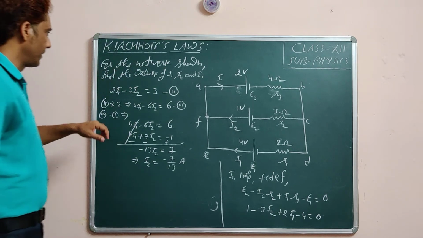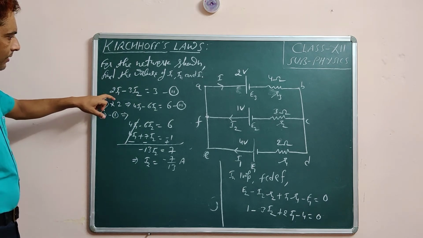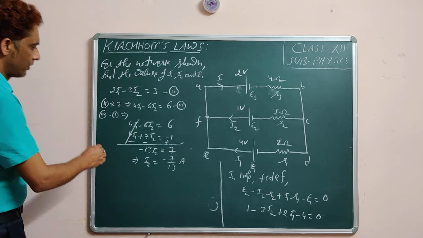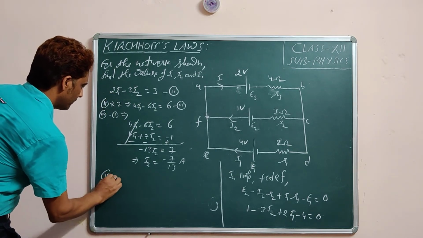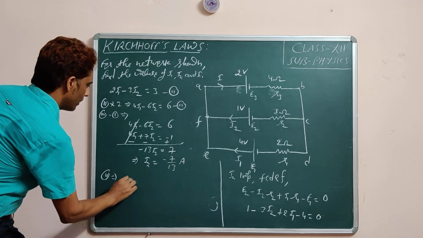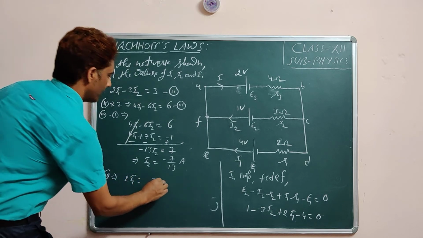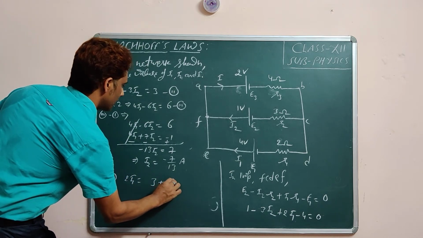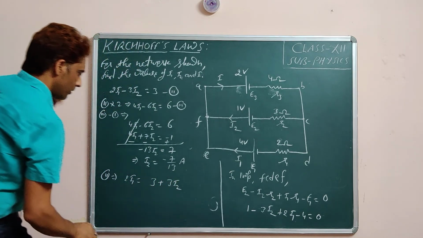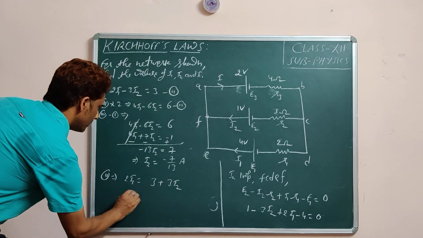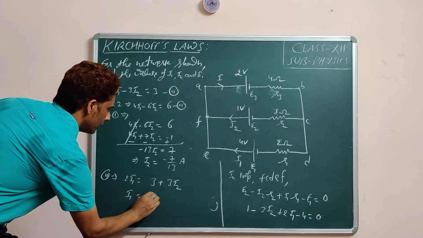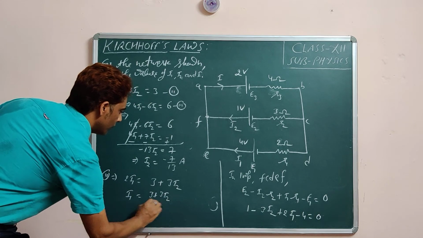Now we can find the value of I1 from this equation. 2I1 is equal to 3 plus 3I2. So I1 is equal to 3 plus 3I2 divided by 2.